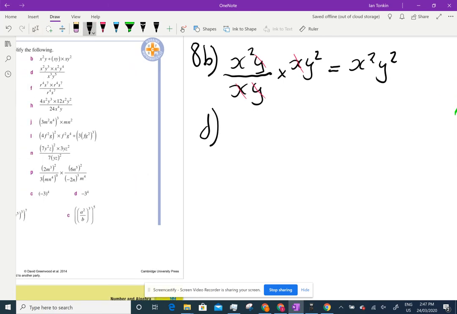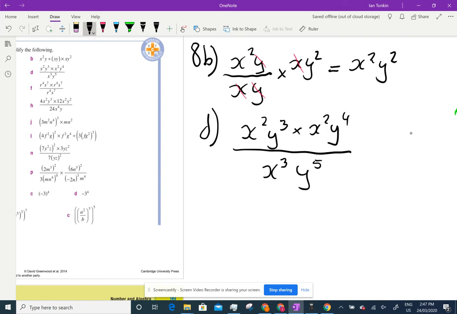The next one, D. It's already set up as a fraction, so I like that. X squared y cubed times x squared y to the power of 4 over x cubed y to the 5. Now remember, this is set up as working, so really try and make this clear. So I get rid of 5 y's on the bottom.